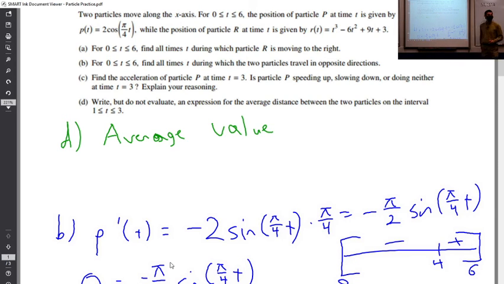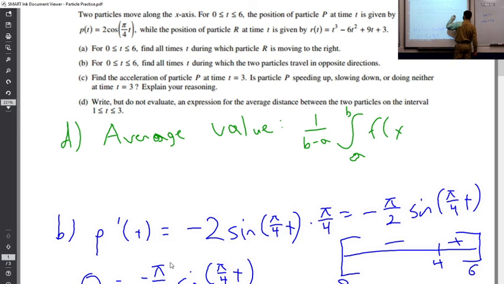Remember, average value of a function. We had a formula for this. I talked about it a couple chapters ago. The average value of a function is 1 over b minus a times the integral from a to b of f of x dx.